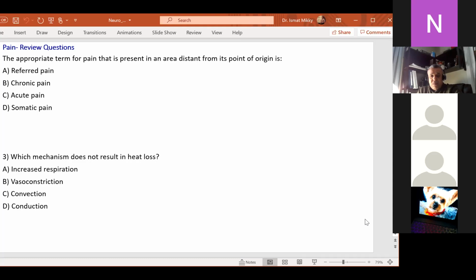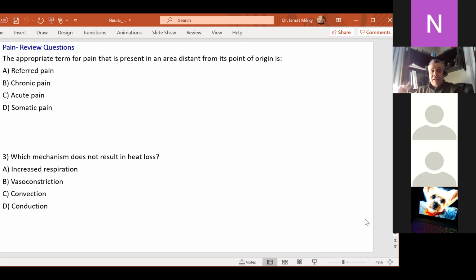And chronic pain lasts for a long time, 3 to 6 months. Acute pain, whether cutaneous, visceral or somatic, is usually for a short period of time. So it's referred pain.